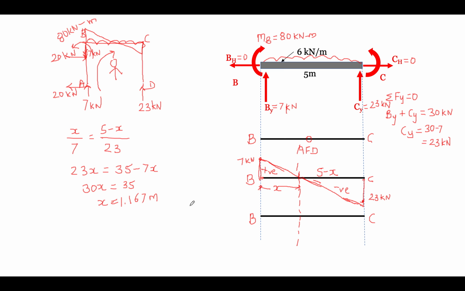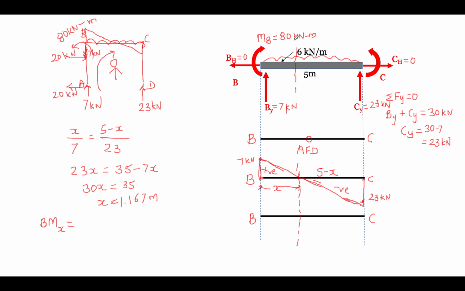Now we have to calculate the bending moment at this particular point, at distance x, which is 1.167. When we want to find the bending moment at this point, we have only these loads: this vertical force, the moment, and the UDL.